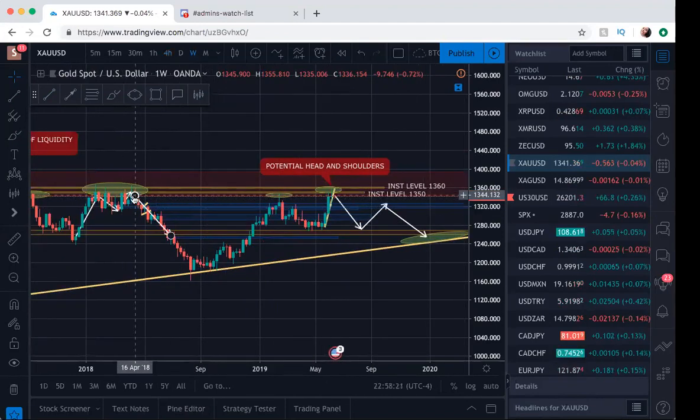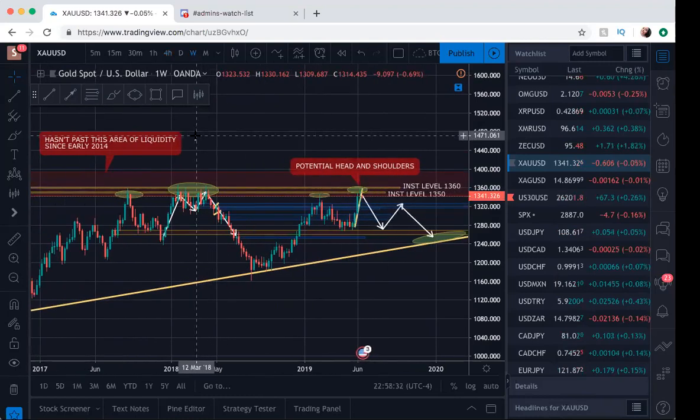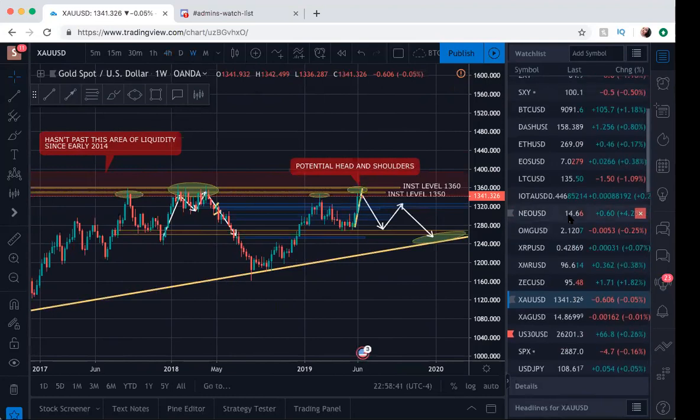So we didn't get the bearish engulfing here, but we've now stepped into this quadruple top of equal highs. And now this is where I'm going to tell you guys about institutional levels, because this comes into a major play.